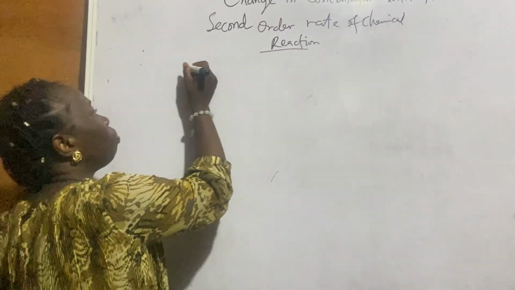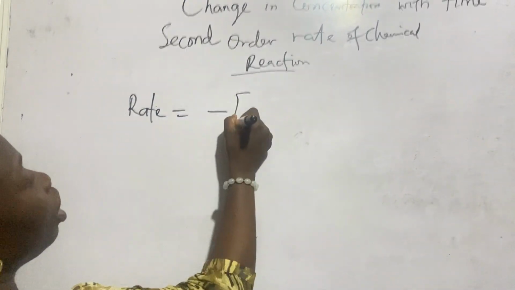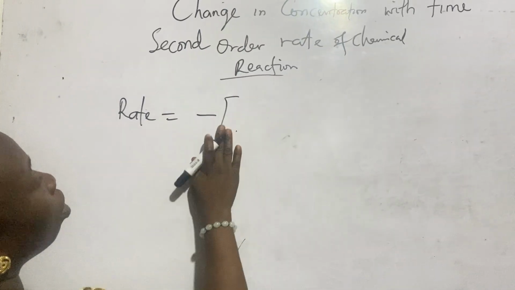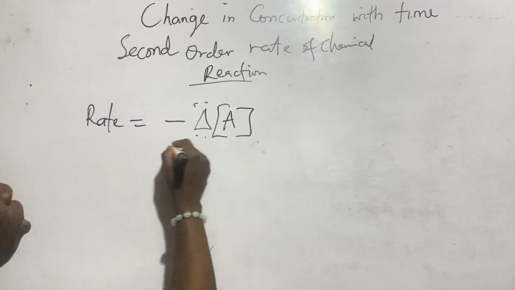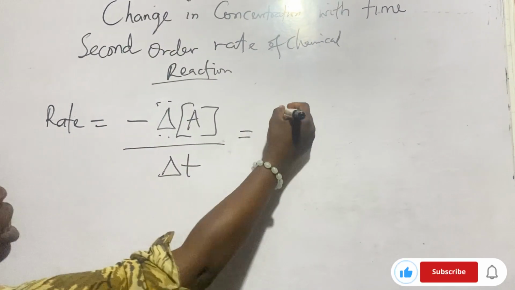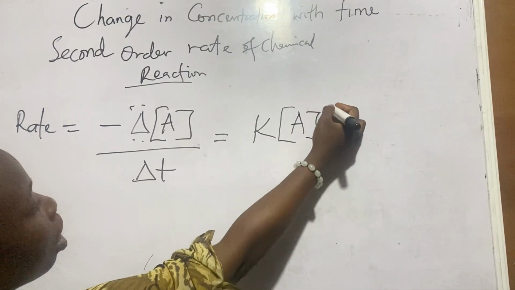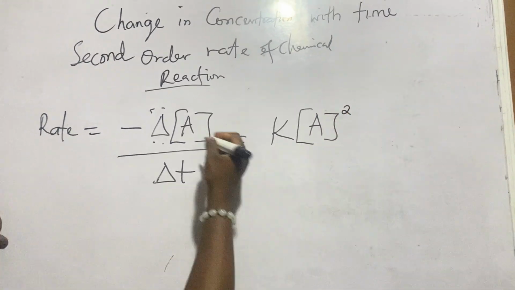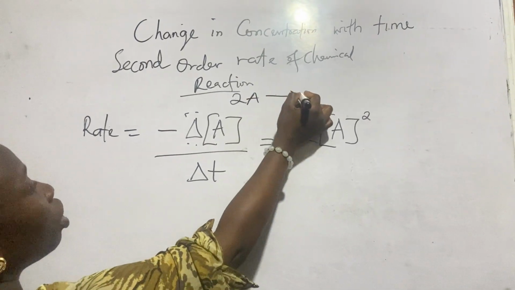So that means we can present it as rate is equal to minus change in the concentration of A over change in time, equal to what? K, change in concentration of A raised to power what? 2. You see, that means the reaction will be 2A gives us what?